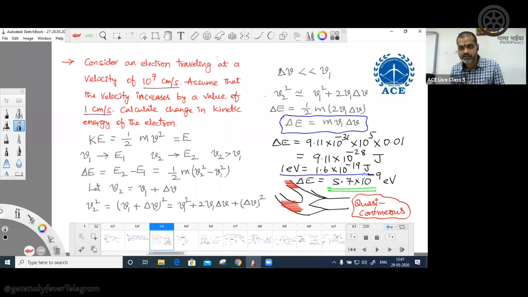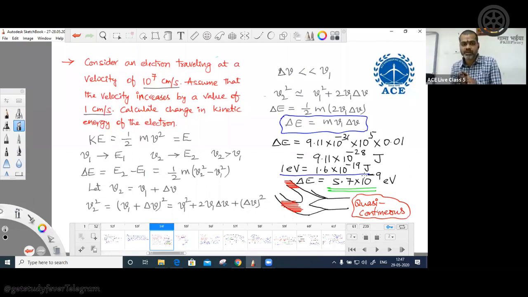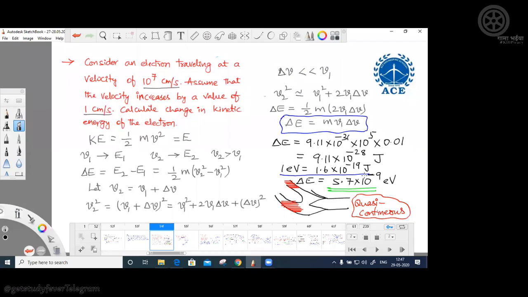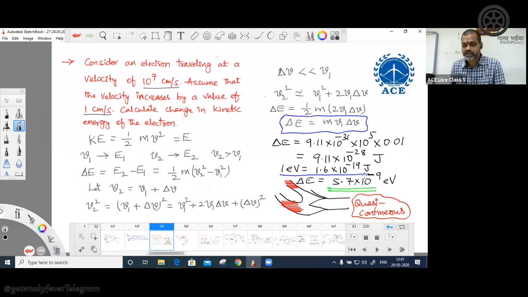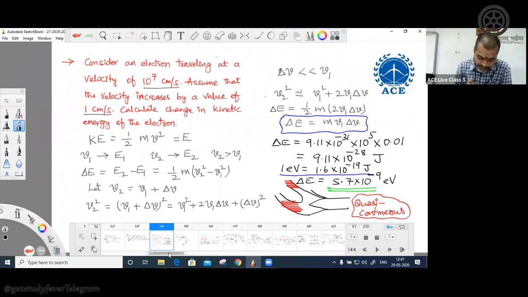So it's not continuous; there will be some difference between E1 and E2. For us it is small, but for them it is not. So that's why I mentioned quasi-continuous. Yes, sir. And sir, another doubt on page 63.